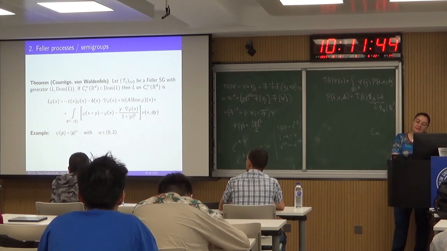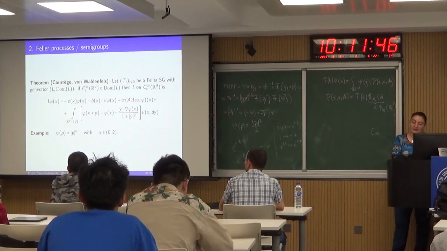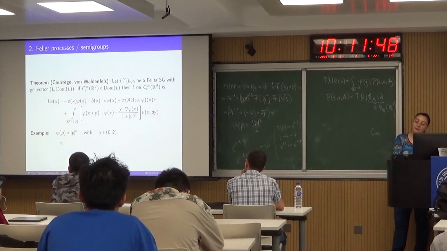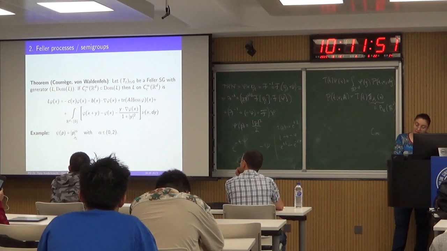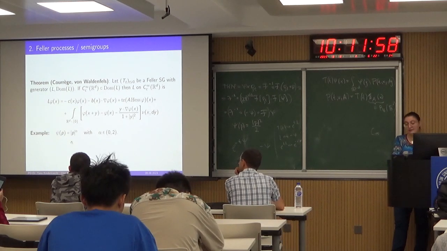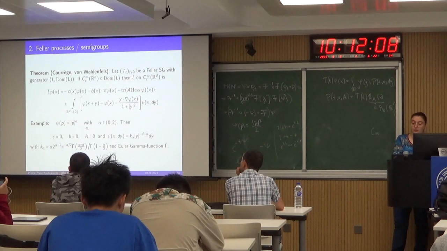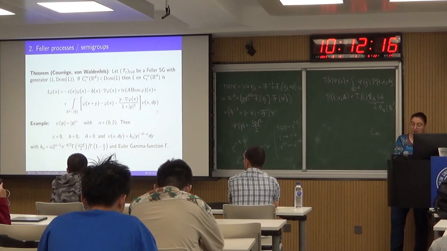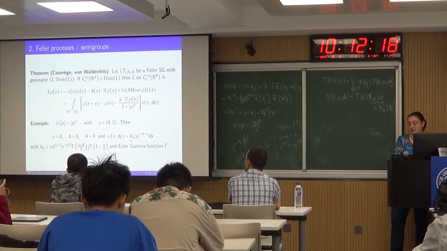Okay, now an interesting example. Let us consider a pseudo-differential operator with this symbol. It is completely non-obvious, but one can show that this pseudo-differential operator with this symbol also belongs to this class of operators. It corresponds to the following choice of C, B, A, and nu. C is 0, B is 0, A is 0, and only the pure jump part is not 0, and the intensity measure is given in this way.